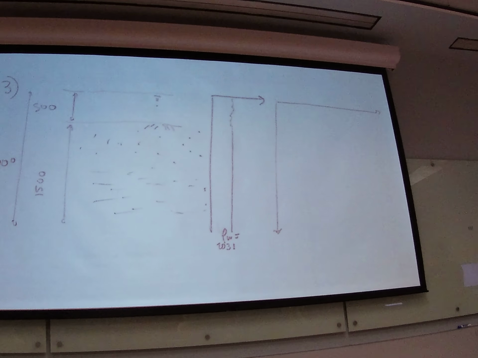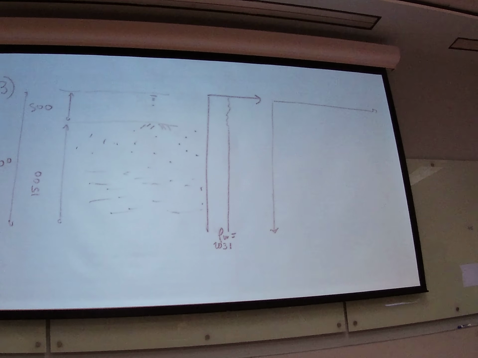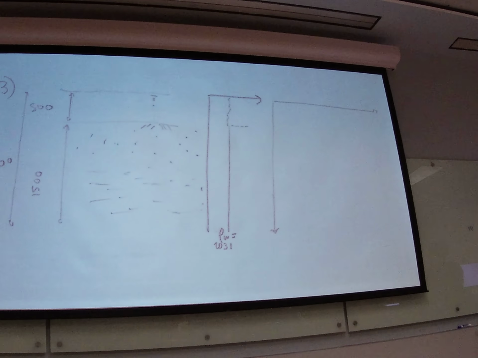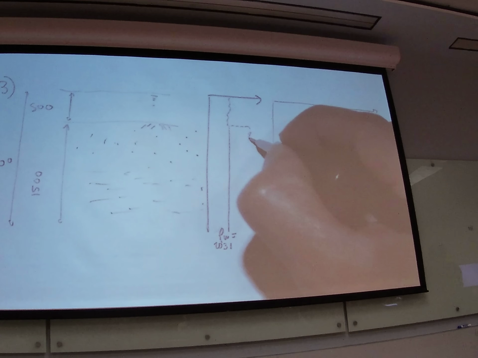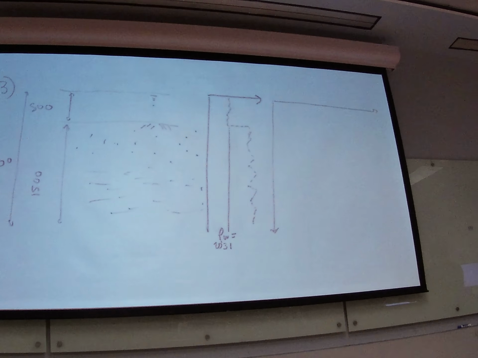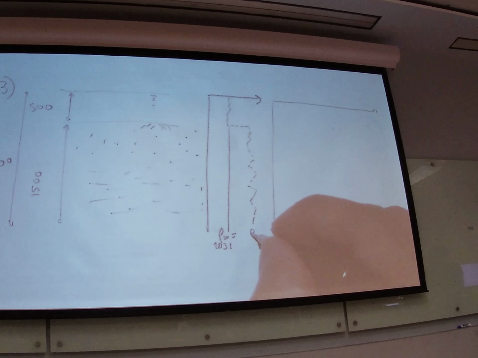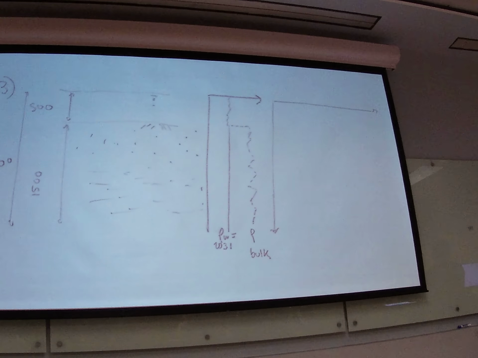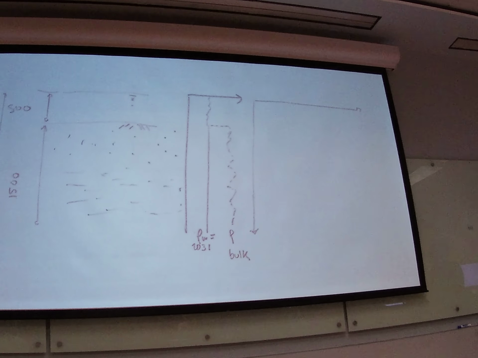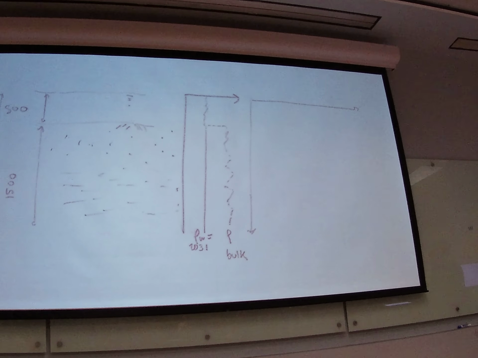And then you have the bulk density over here, which starts at the seafloor, and that one is also not constant, right? So you have to use that data in order to compute the total vertical stress. That's the first thing that you're going to compute.